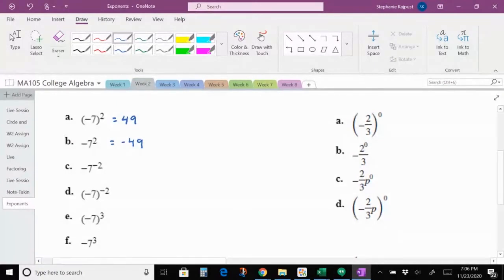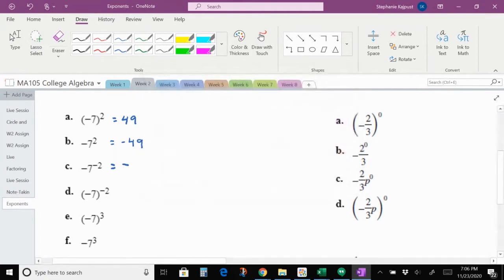Now in C, that -2 exponent is only on the 7. So we're taking the reciprocal of the 7. That negative is not part of it. So usually we just end up with that negative in front. And then we're going to have the reciprocal of 7, which is 1/7, and then the exponent becomes positive.